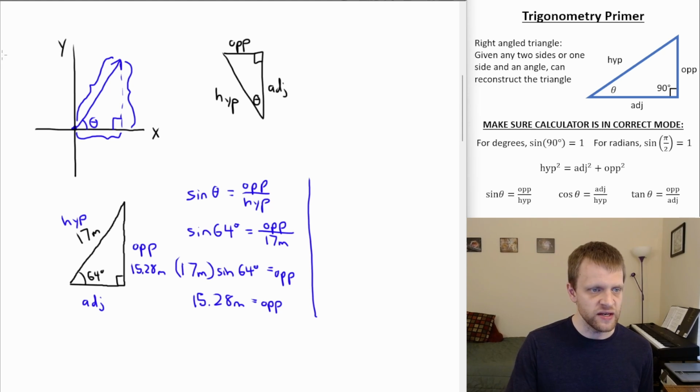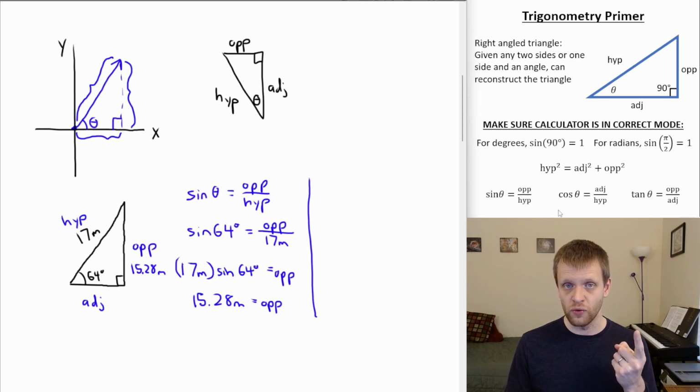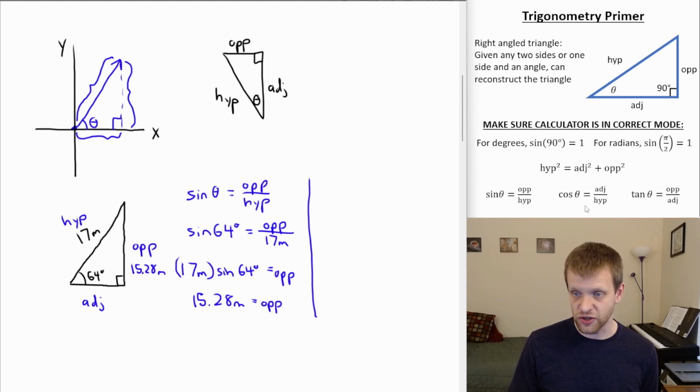What if I want the adjacent side as well? Well, we're trying to find the adjacent side. We've got the angle, and we have the hypotenuse, so let's try our cosine function, because again, we want to pick the trig function that includes the thing we're trying to solve for, and all of the other things are known.